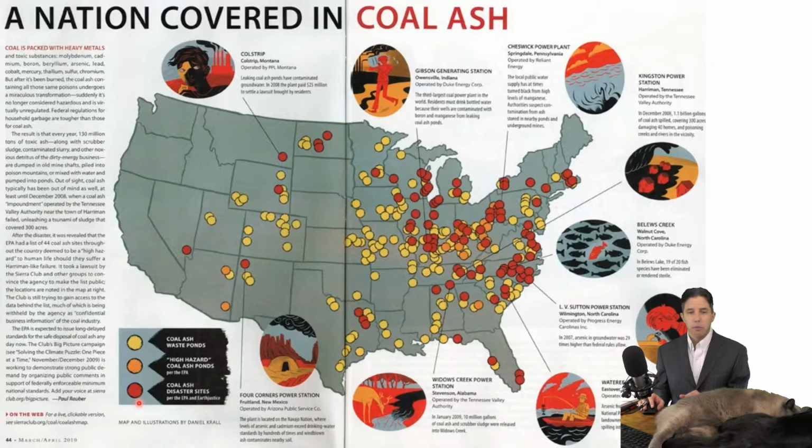And then the red ones are places where there was some sort of failure or it got into the groundwater or something like that happened. So what you see here is there's a lot of red dots out here, but of course there's just a lot more coal-fired power plants out here because there's a lot more coal out here. The eastern part of the country has the majority of the coal-fired power plants, so they have the most coal ash, and therefore they have the most coal ash-related problems.